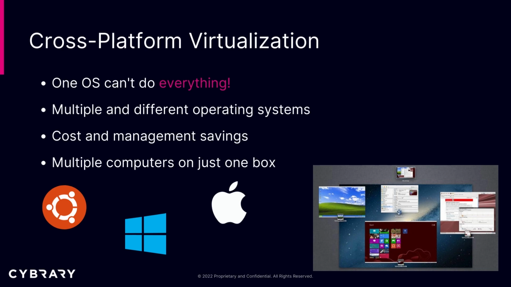Certain operating systems have certain key benefits or programs or applications that they run. So it's good to have virtualization where you can run different operating systems because, again, one operating system can't do everything. You may have certain features of one particular operating system that you can't get from others.